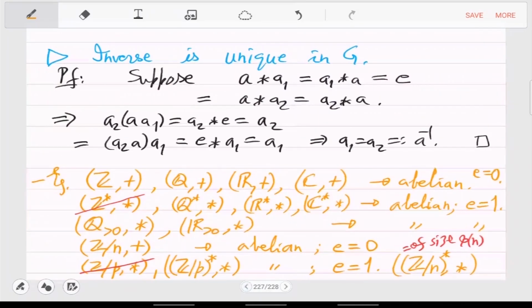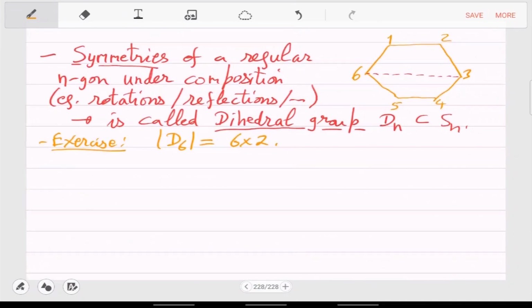So obviously you saw a pattern here when we constructed these examples of groups. We used a field a lot, right? So in general, obviously you can play this game. If F is a field, then what is F plus?